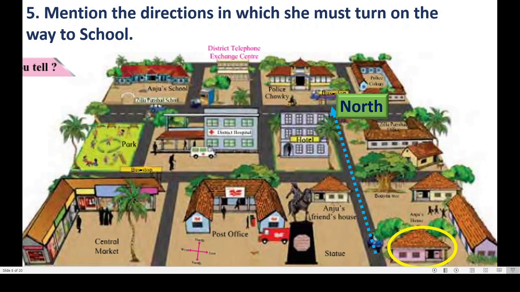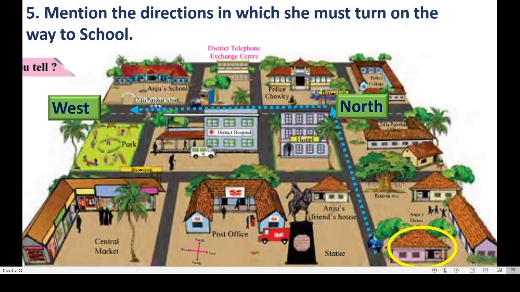Then she took left, that is nothing but the west side, right? She walked straight towards the north for some time until she reached the main road. Then she took the left side, meaning she moved towards the west and reached her school.